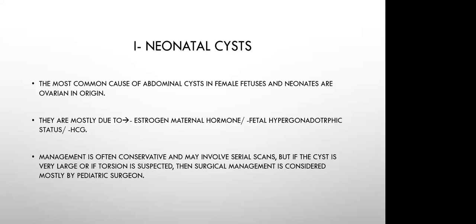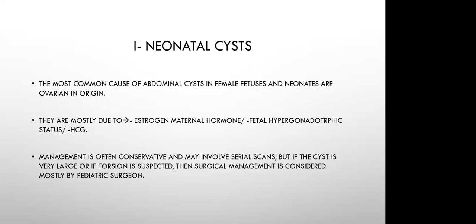The management, in most cases, is conservative and may involve serial repeated scans to check the size of the cyst. Is it increasing in size or decreasing in size? Or sometimes it may be stationary, unchanged, okay? But sometimes if the lesion is large, intervention is essential, as we are caring about the ovary and may be suspecting ovarian torsion.